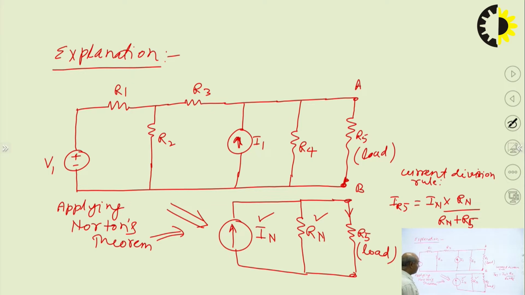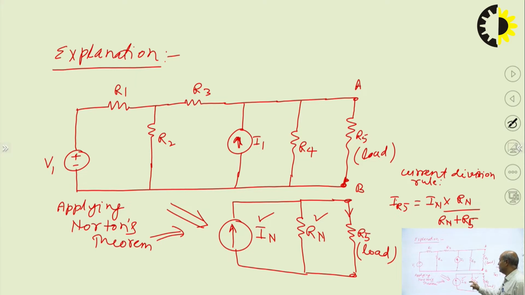Here we calculate the value of In by putting a short circuit across this resistance. First of all, to find In we will remove this and put a short circuit between these two terminals AB, right. So we will put a short circuit here and find the value of current in that short circuit, that will be the value of In.